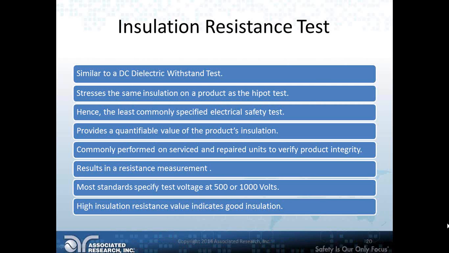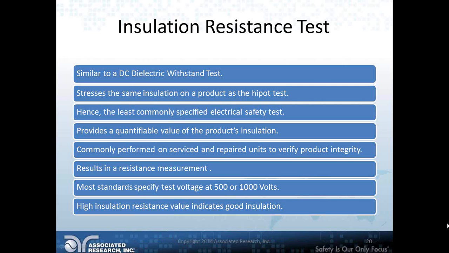The Hipot test is a more stringent test and it is most often a go no-go test, whereas the insulation resistance test is done at a lower potential, for example 500 or 1000 volts.